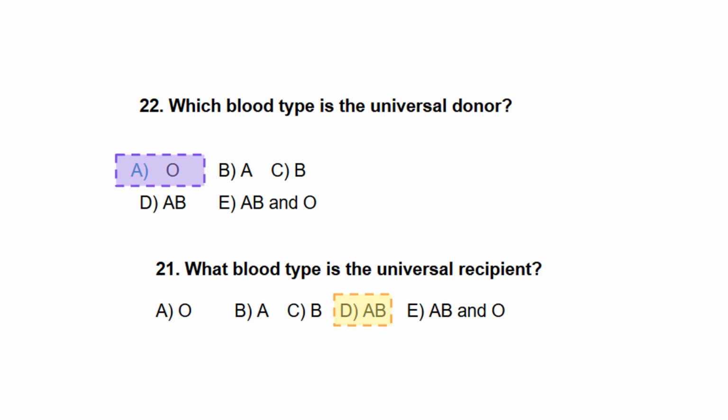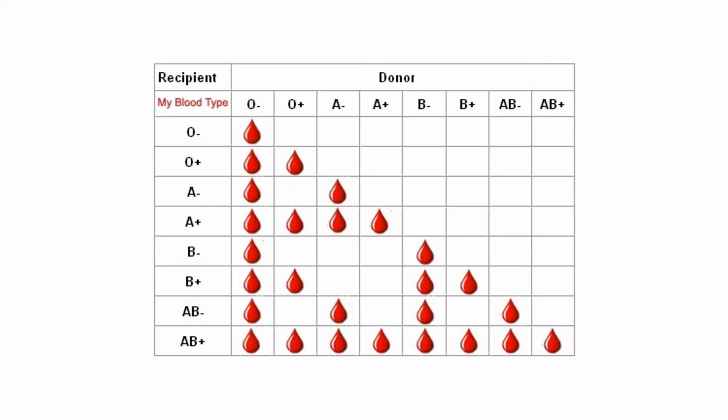Now, this is just a very easy question. Which blood type is the universal one? The universal donor is O, and the universal recipient is AB. AB can receive blood from everybody, and O can donate blood to everybody. Here you can see this table. Here are the recipients, and here are the donors.